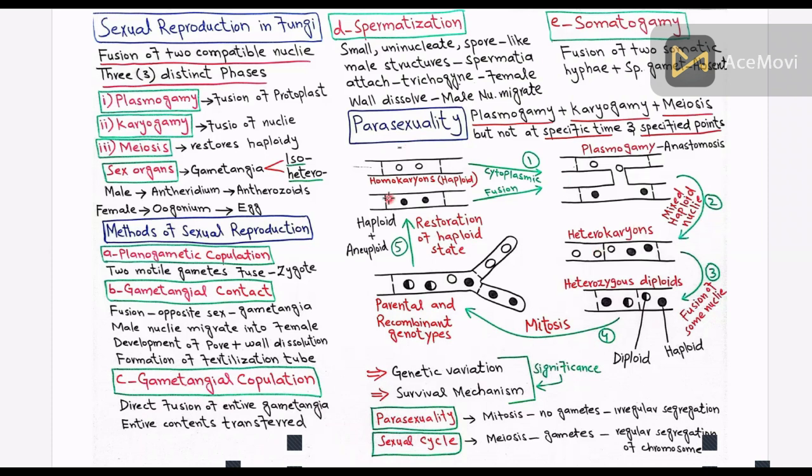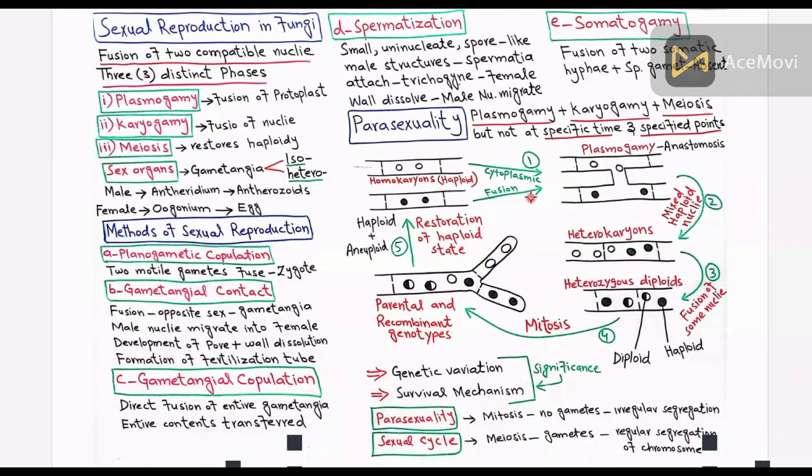This is the complete cycle of parasexuality, or we can say somatic recombination. The parasexual cycle is also called somatic recombination.